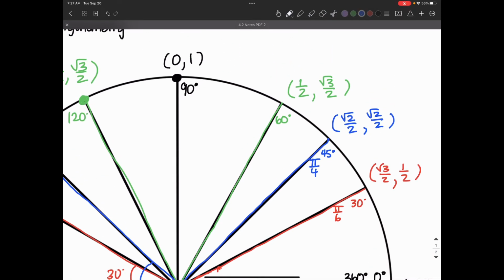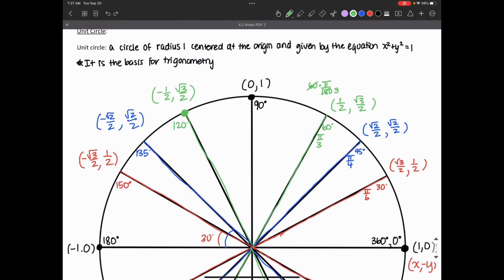The other thing in this quadrant we have is 60 degrees. 60 times pi over 180. 60 goes into 180 3 times. So I'm going to have pi over 3 is the radian measure of 60 degrees.